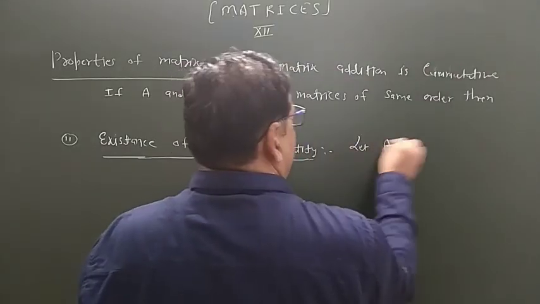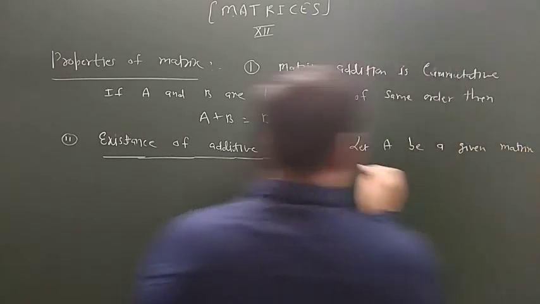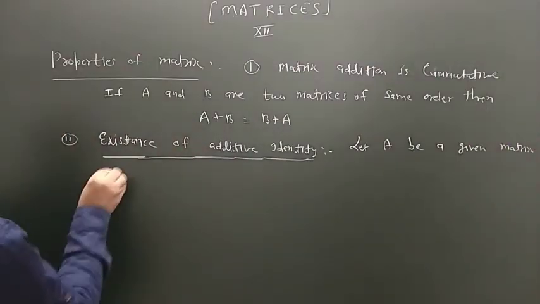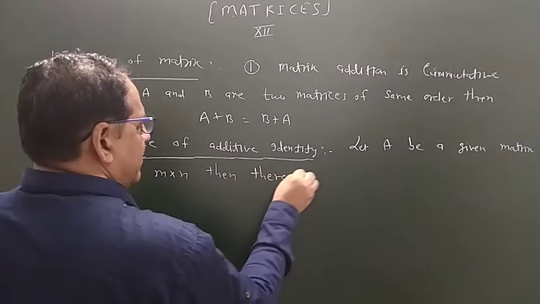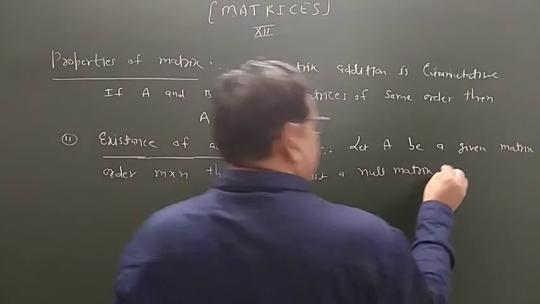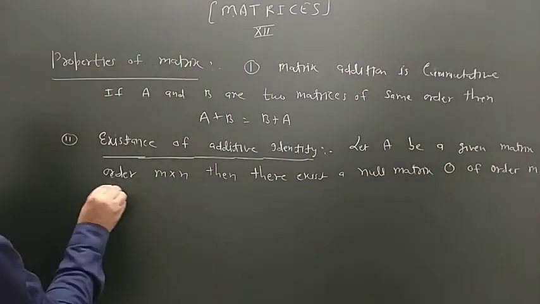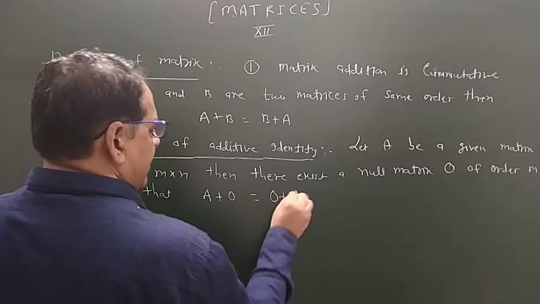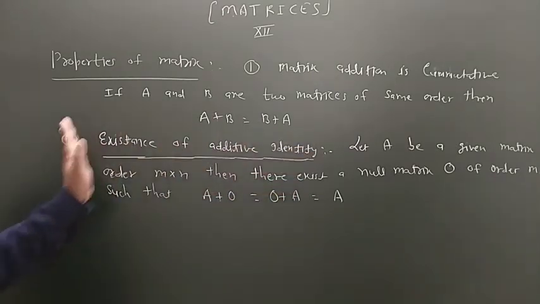Let A be a given matrix of order m cross n, then there exists a null matrix O of order m cross n such that A plus null matrix equal to null matrix plus A equal to A. So the null matrix is called the additive identity for the given matrix.